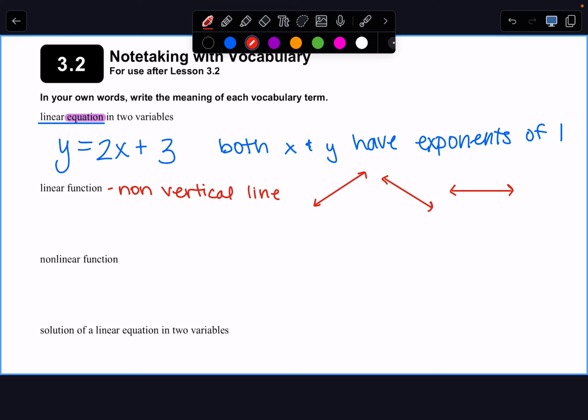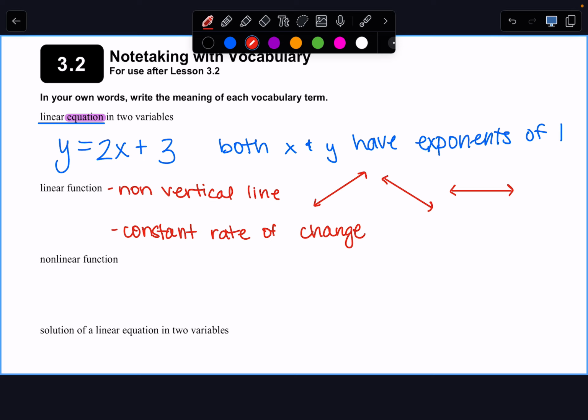Okay? Now, when we are not looking at a graph, something that we're going to talk about a lot is that a linear function has what we call a constant rate of change. And we'll talk a lot about what that is and what it means.